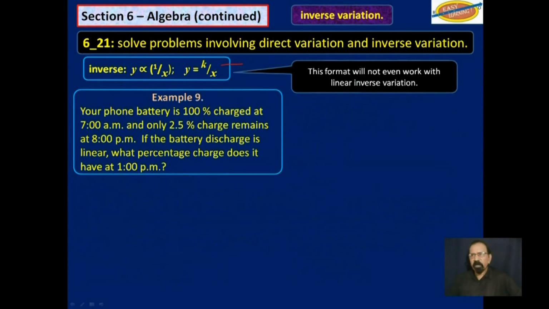Now, this format here will not work because we are now looking at linear inverse variation, linear, not exponential.